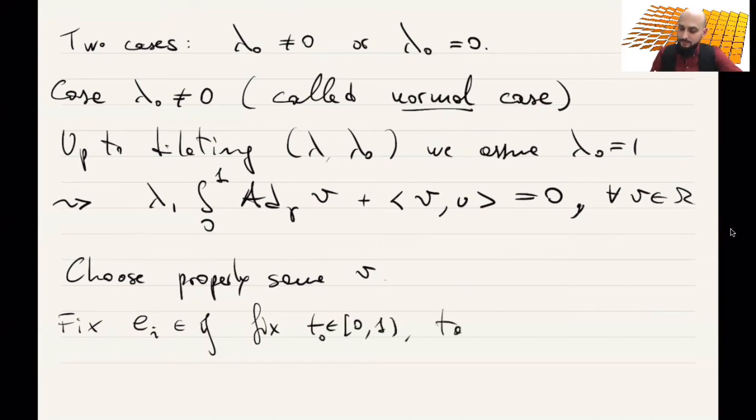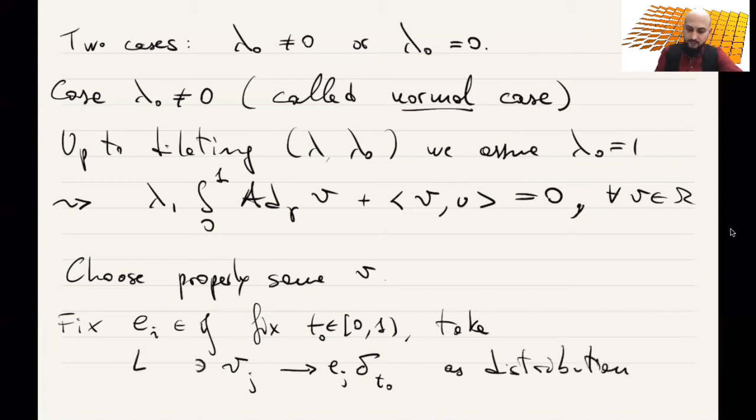And I take a sequence of v, let's call it vj, converging, not in L2 but as a distribution, to the delta Dirac at the point t0 multiplied by ej. And vj are in L2.